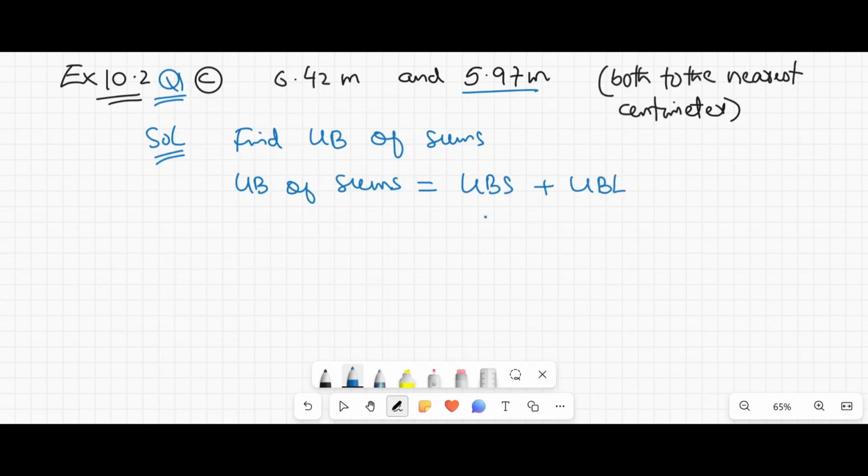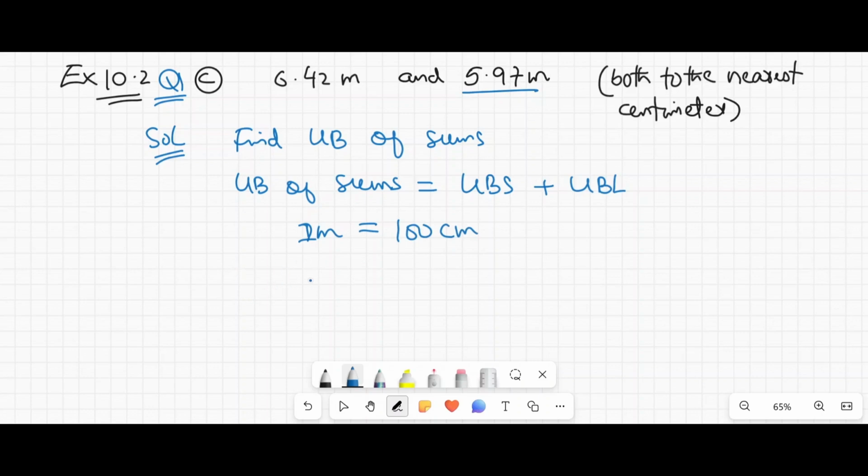So the situation is easy. But first we have to convert meters into centimeters. So 1 meter is equal to 100 centimeters.